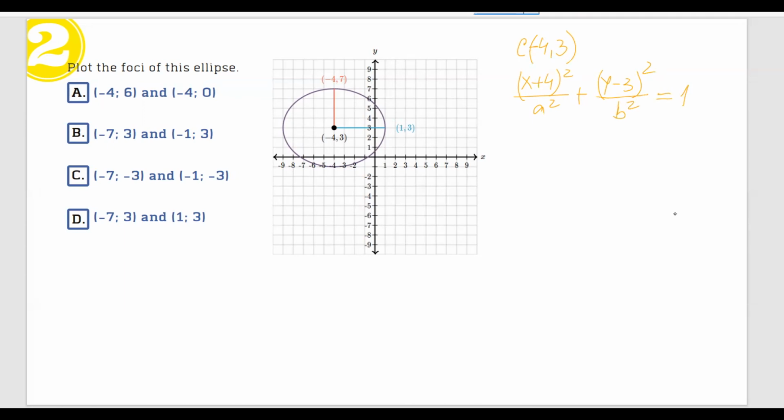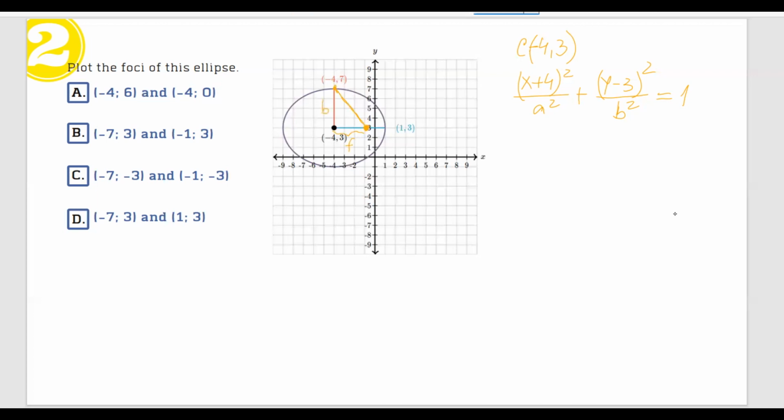So now let's see. Let me assume we have the focus point here. I will draw the distance from this point on the ellipse to the focus point, and this is my focal distance.